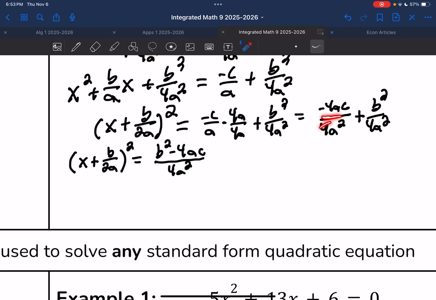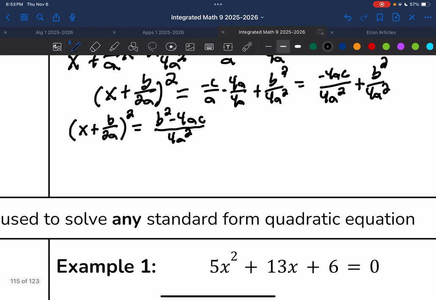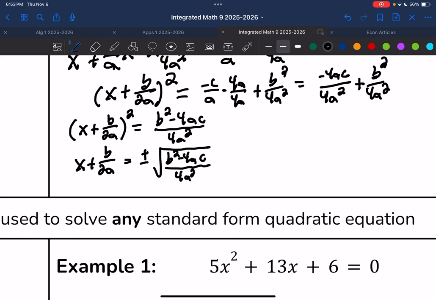I have a common denominator there, so I can put it all as one fraction, and I'm just switching the order of those two: b squared minus 4ac. And now I'm going to take the square root of both sides. So x plus b over 2a is equal to plus or minus the square root of b squared minus 4ac all over 4a squared.